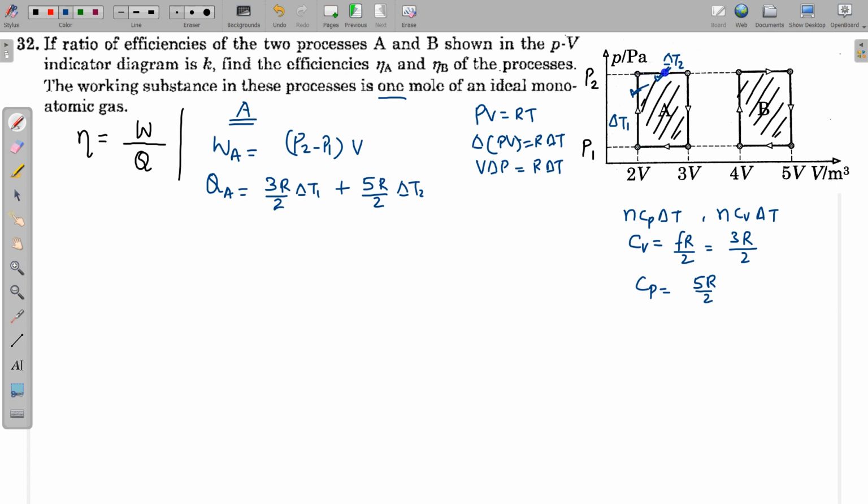And for this process, pressure is constant, so P will come out, and P delta V is equal to R delta T. So accordingly we have to write equations like this.